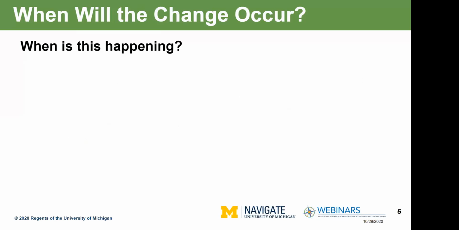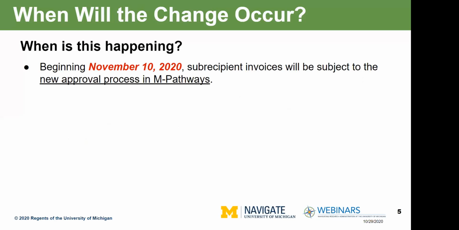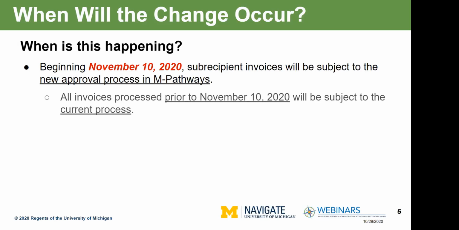So when will the implementation take place? Beginning October 10, 2020, any subrecipient invoices that are received by the university will be subject to the new approval process in Pathways. Any invoices processed prior to November 10th will be subject to the current process. And we'll talk a little bit about what that current process is in a few slides.